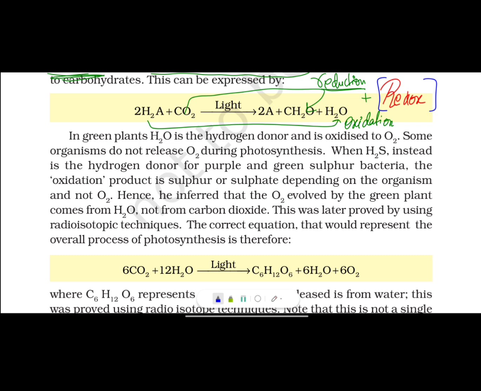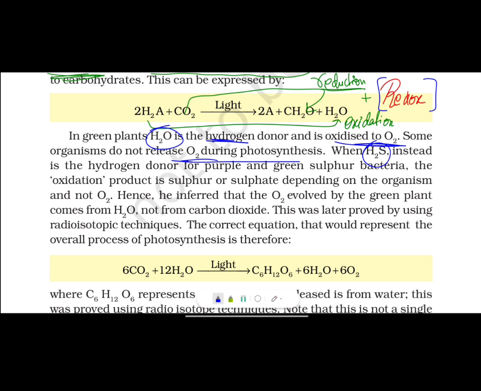In green plants, H2O is the hydrogen donor and is oxidized to O2. Some organisms do not release O2 during photosynthesis, when H2S instead is the hydrogen donor.